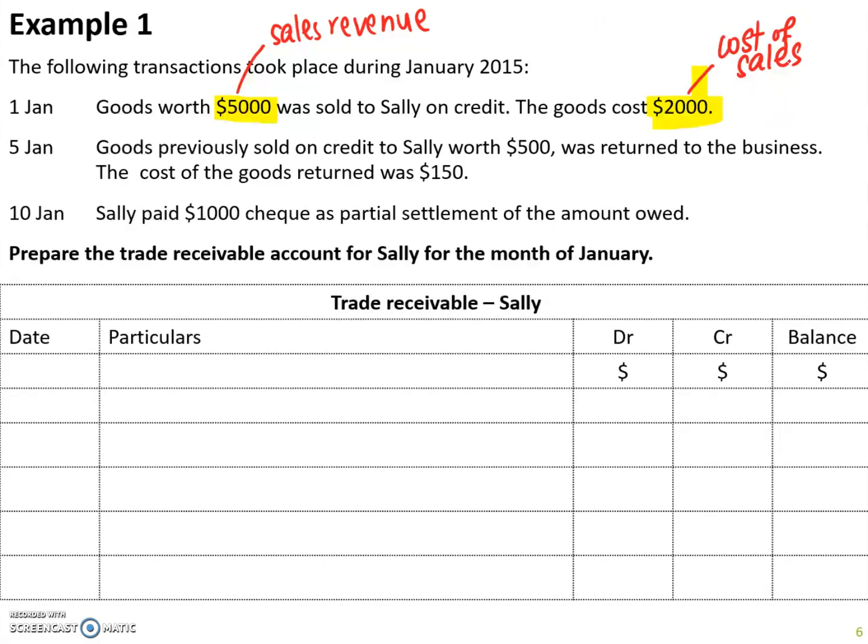Okay, so what is the journal entry for 1st January? It's actually debit trade receivable, credit sales revenue. This is 5,000, okay, the amount that they earn from selling the goods. But we also know that the goods actually cost the business $2,000. So debit cost of sales, credit inventory.